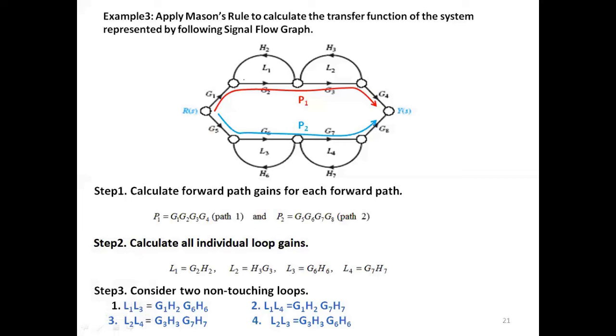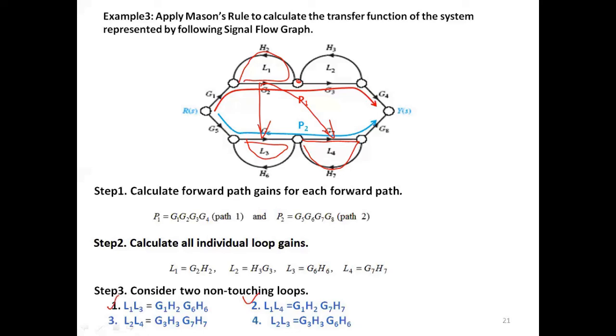If you take this signal flow graph, we have a loop L1. L1 and L2 are sharing a common node, so we cannot consider the combination of L1 and L2. But L1 and L3 are not touching each other, so I can take L1, L3 as one combination of two non-touching loops. Then with respect to L1, I can also consider L1 and L4, which are also not sharing a common node.